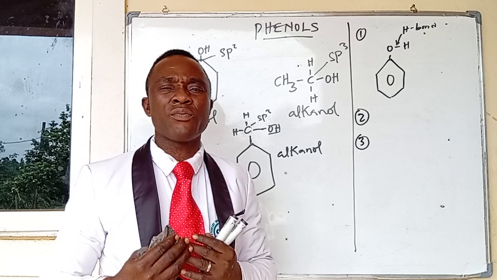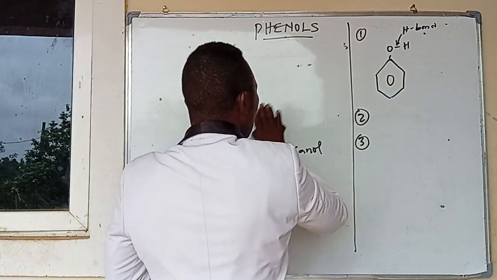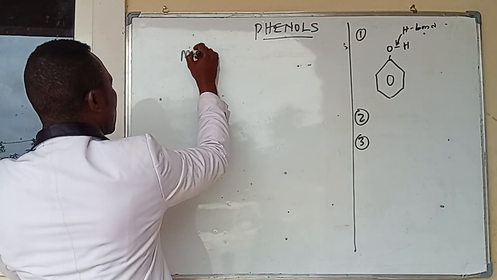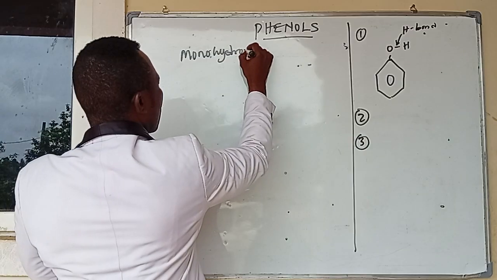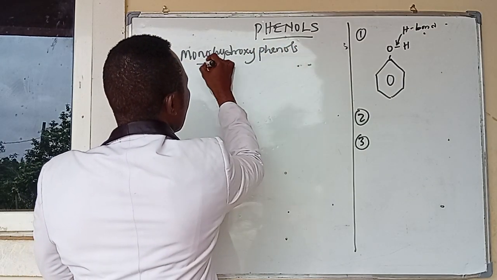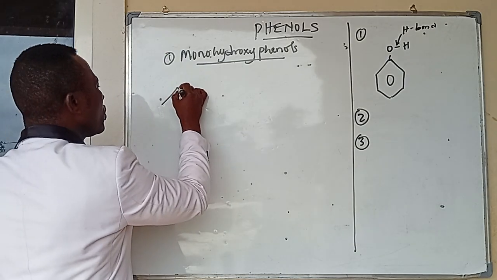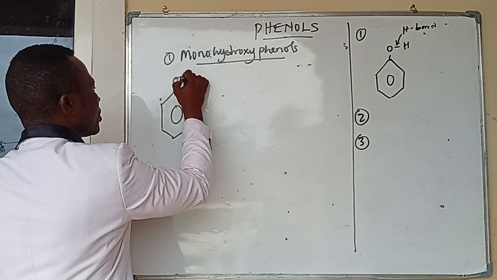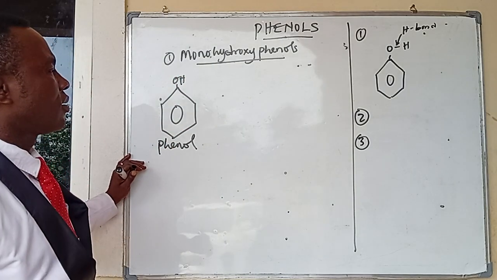Now let us look at different types or forms of phenols. Number 1, monohydroxy phenols. Monohydroxy phenols include phenol itself, OH. That is a monohydroxy phenol.